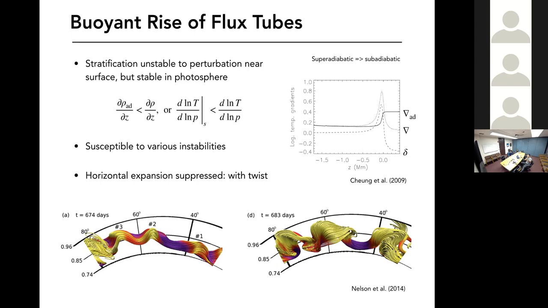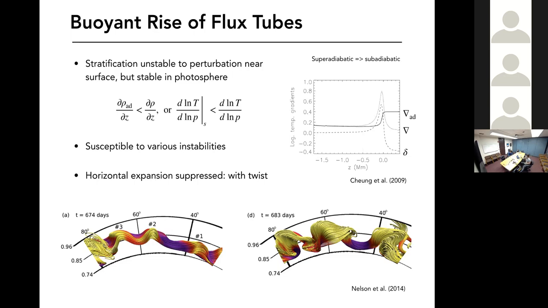Or if you rewrite it, it's basically the change of temperature with respect to the pressure, in the adiabatic situation or in the ambient stellar convection zone. If that is met, the stratification is called super adiabatic. And if that's not met, then it's subadiabatic. So when it's super adiabatic, the flux tube disturbance will be unstable.